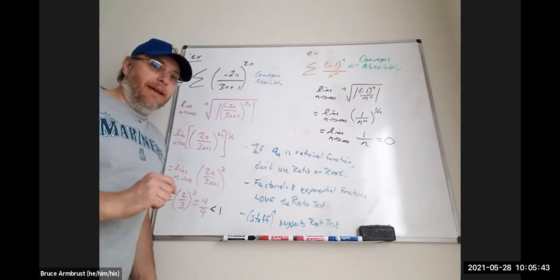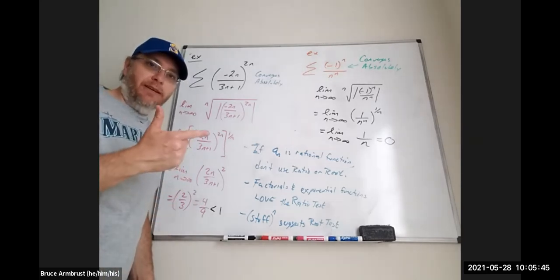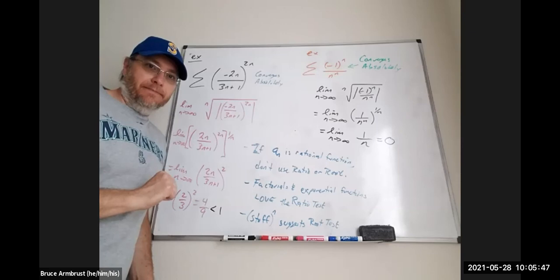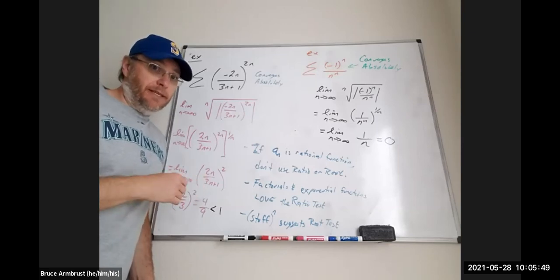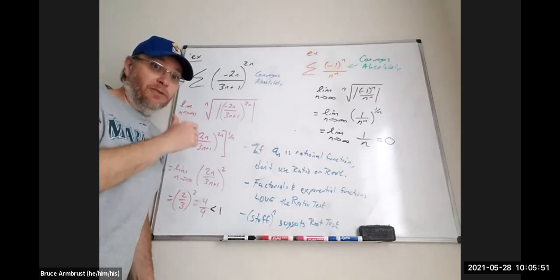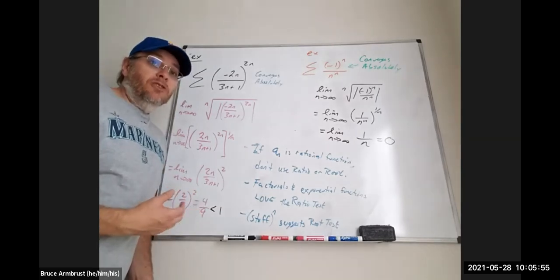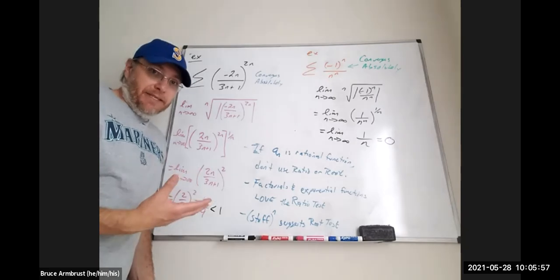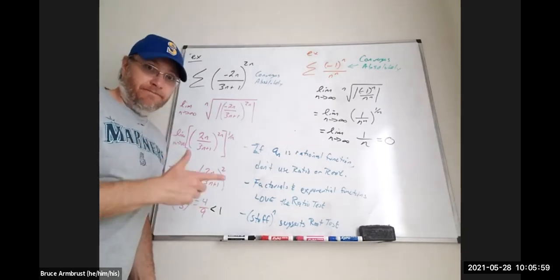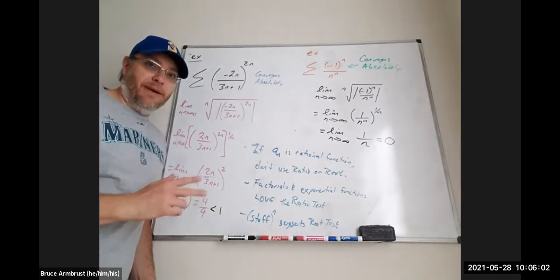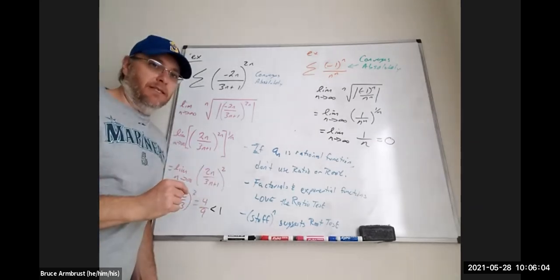What I mean by that are things like geometric and p-series, because those are really easy. P-series is incredibly easy, and geometric is pretty quick. So if I see that it's a p-series or like a p-series, I go that direction. If I see it's geometric or think it's geometric, I go that direction.